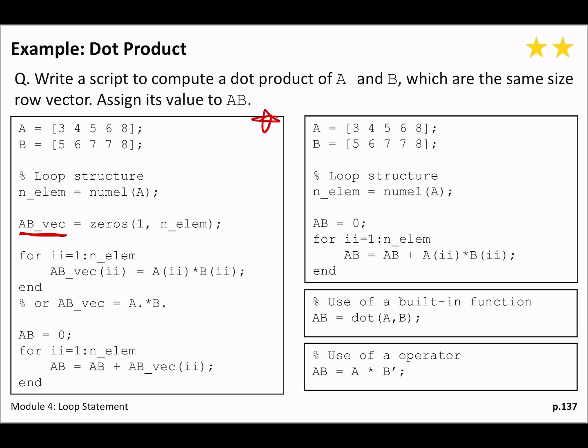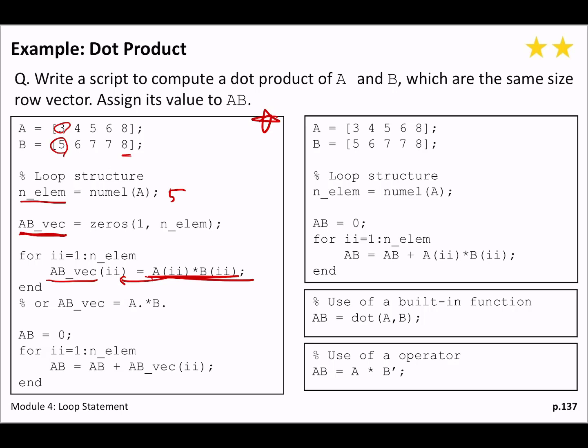A and B are the same size vectors, and then we find out the number of elements, which here is 5. So we iterate to compute the element-wise multiplication at each location. In this case, we read the 3 and 5, and 3 times 5 is assigned to the first location of the ABVec. It keeps repeating until i is equal to 5.